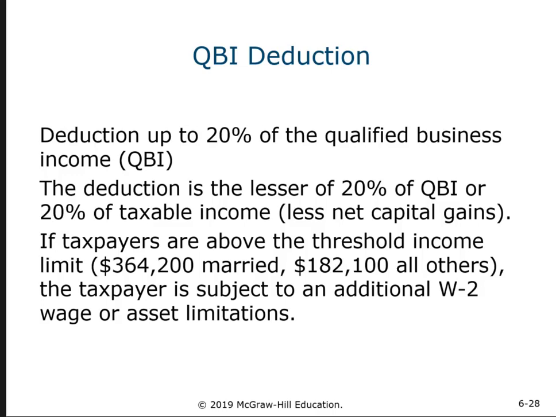It's 20% of your qualified business income. Basically, you take revenue, subtract all your regular expenses, then you take that number, you multiply it by 20%. So if you lost money, if you have more expenses, then this doesn't apply, okay? Or 20% of your taxable income. So you have to go through the whole process of calculating everything on your 1040 to see your taxable income too. You can make the comparison.